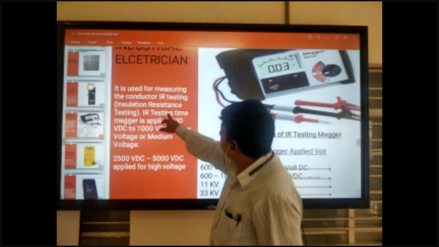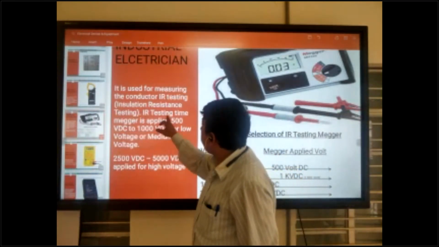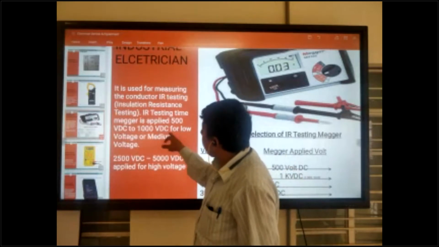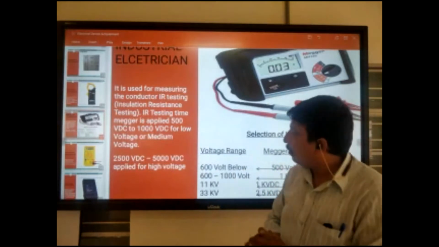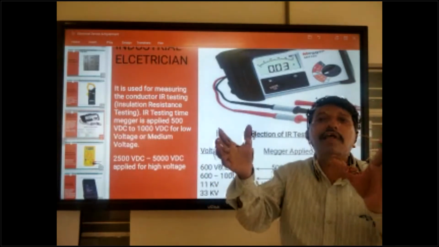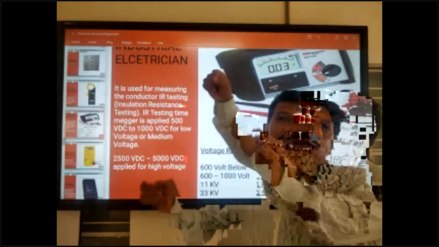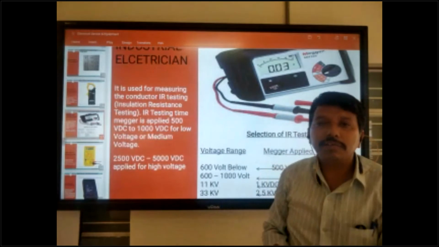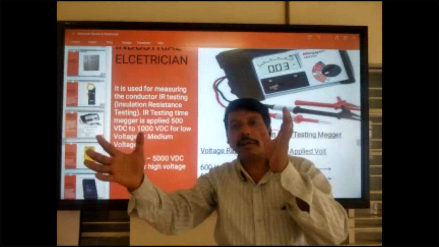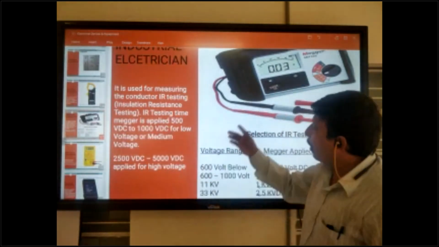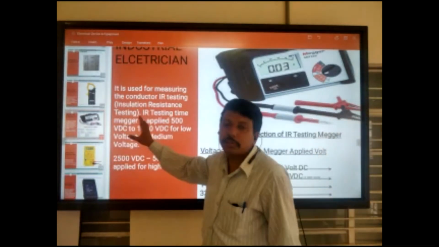That time you can apply it when measuring 500 volt DC to 1000 volt DC for low voltage and medium voltage up to 1000 volts. If you give 1000 volts inside the cable, is the insulation damaged or not damaged? Is the insulation in safe condition or not? That time you can apply the megger at 500 volt DC to 1000 volt DC.